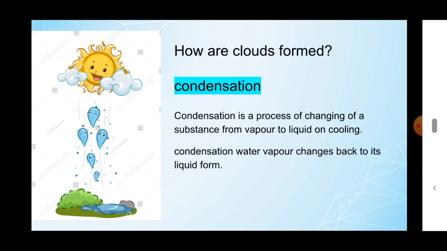This is known as condensation. By this condensation process, water vapor changes back into liquid form. So this condensation process plays a very important role. This is the most important step to form a cloud. Let us discuss how clouds are formed.